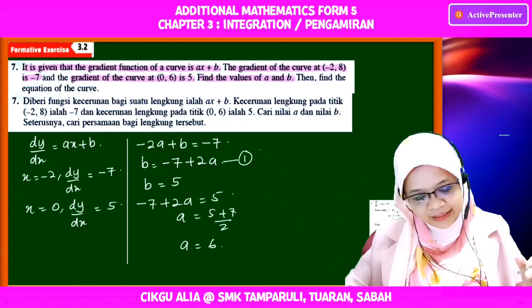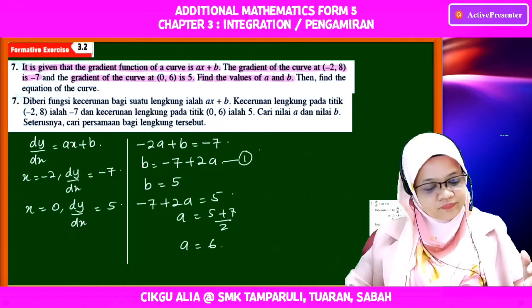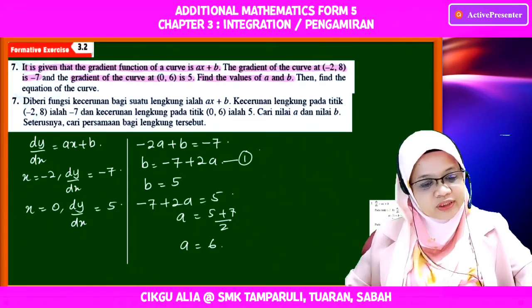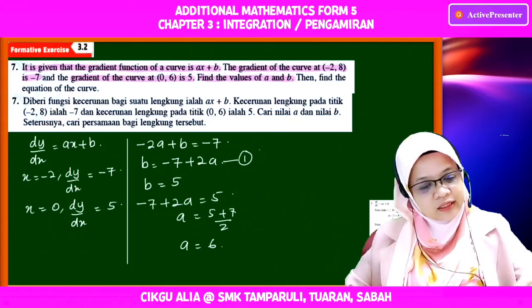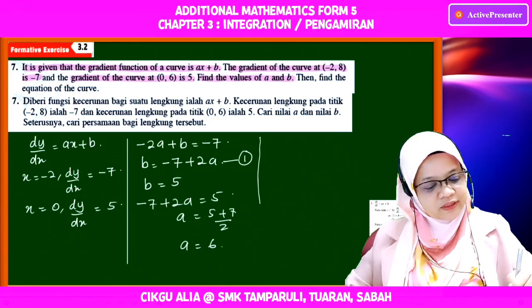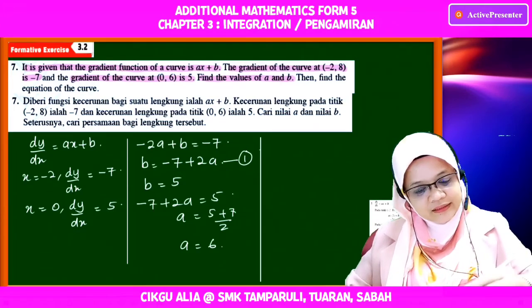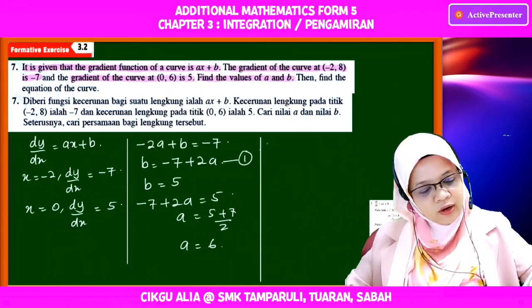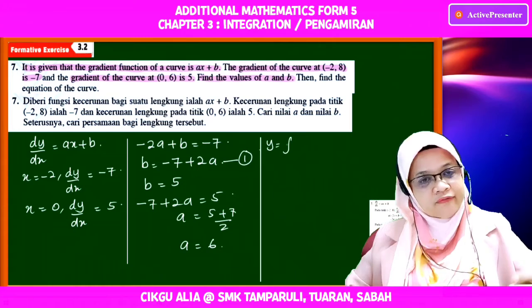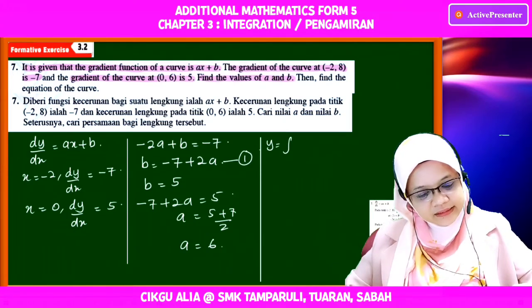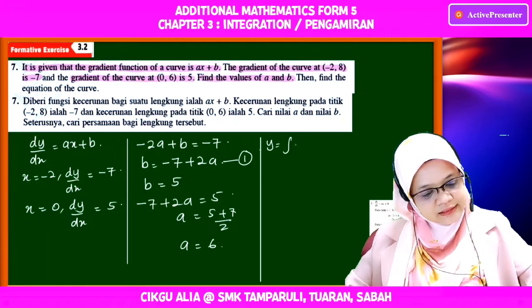Next, find the equation of the curve. Macam mana nak dapatkan equation of the curve? Kita tahu bahawa to get the equation of the curve, that is the y, we can integrate the dy/dx. So y equals integration of dy/dx, that is 6x plus 5 dx.